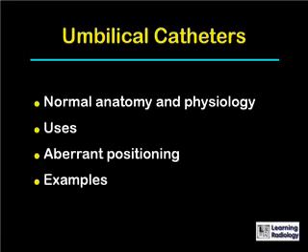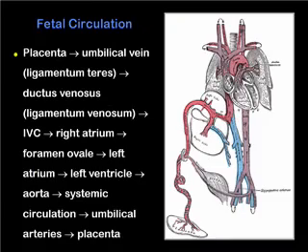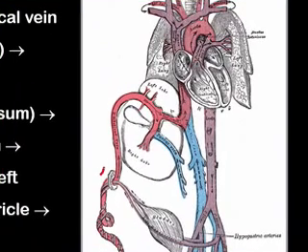The topics of this podcast are umbilical arterial and venous catheters, their normal anatomy and physiology, their uses, and examples of aberrant positioning. The normal fetal circulation begins at the umbilical vein.